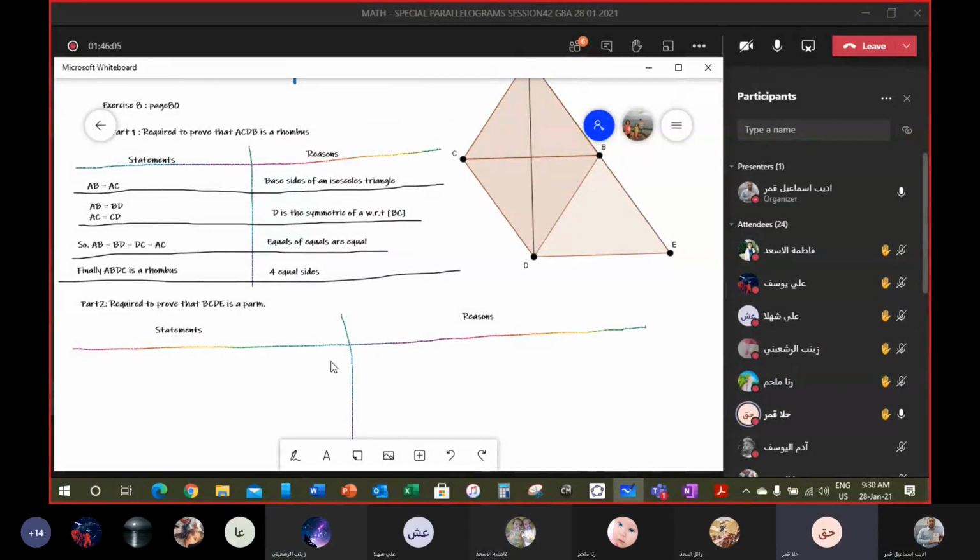We have EB equal DC. E is the symmetric of A with respect to B. Let me write it.